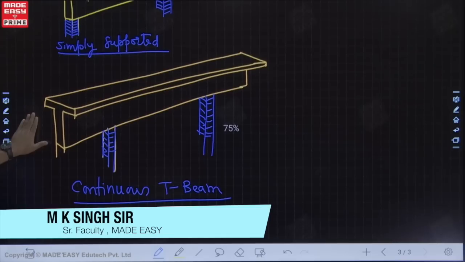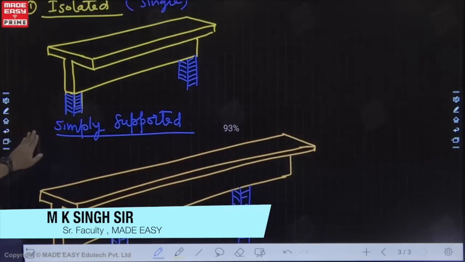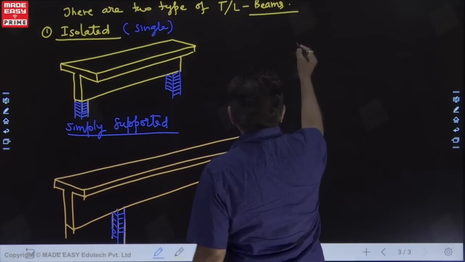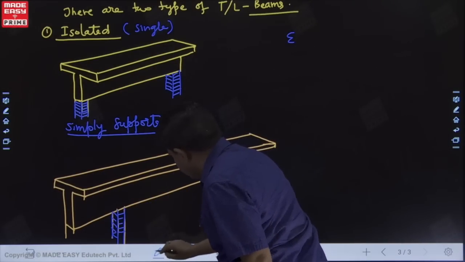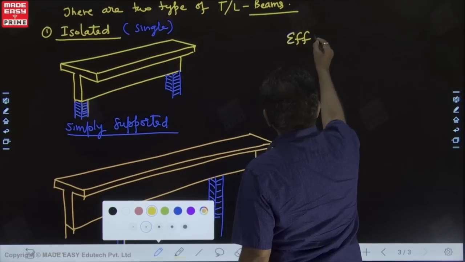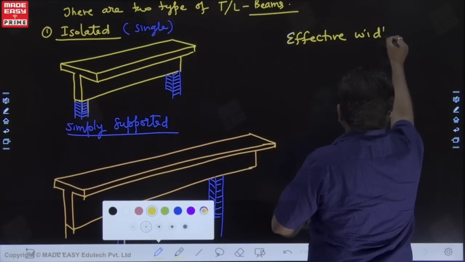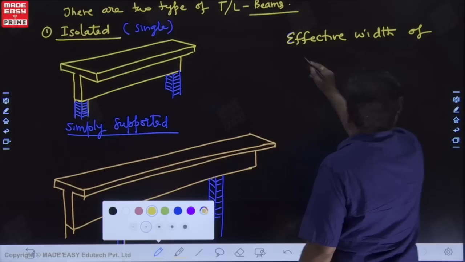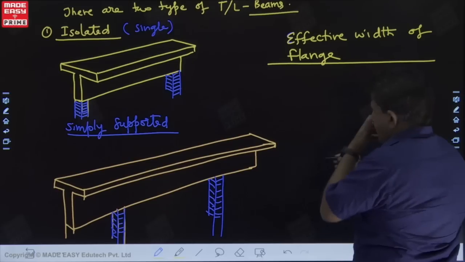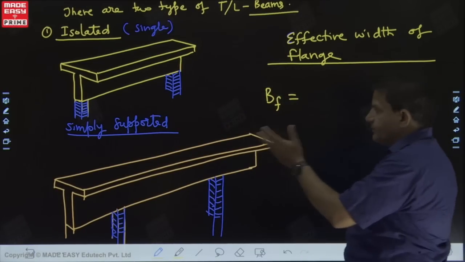Now understand the different formulas. For isolated T-beam, I was discussing the effective width of flange value. This B effective, let me write the formula for T-beam.